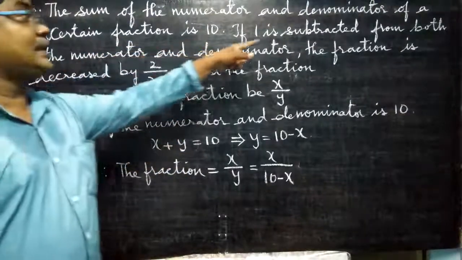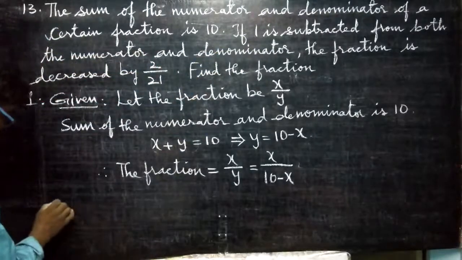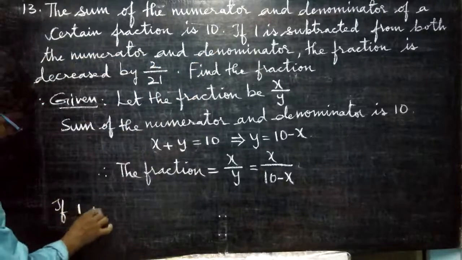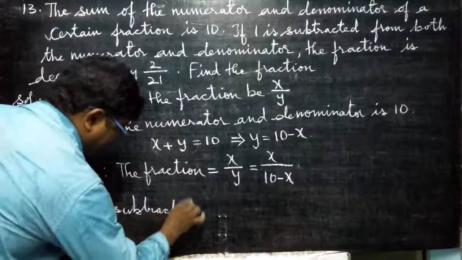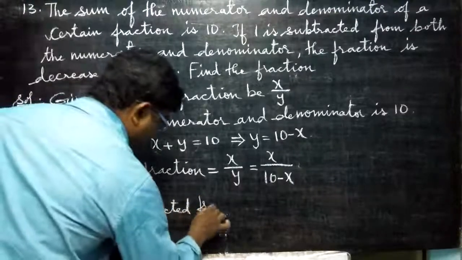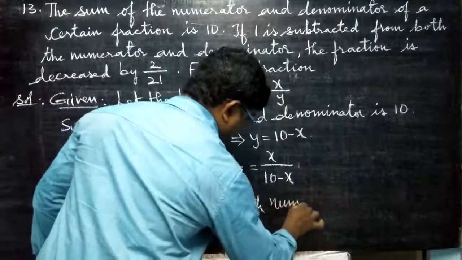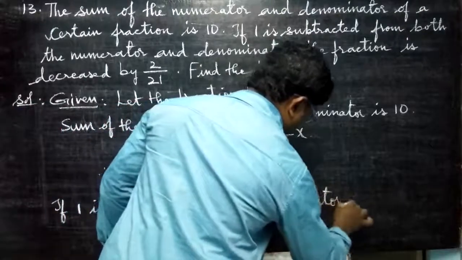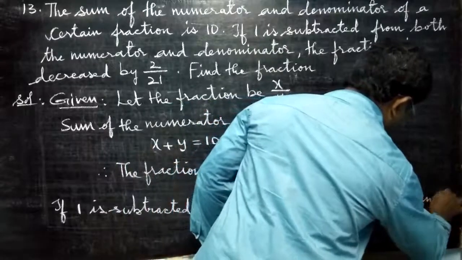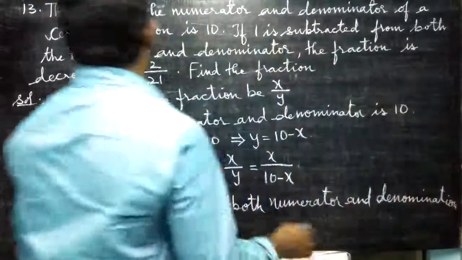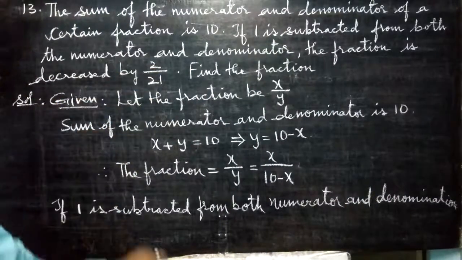Now, 1 is subtracted from both numerator and denominator. If 1 is subtracted from both numerator and denominator, the fraction is decreased by 2 by 21.